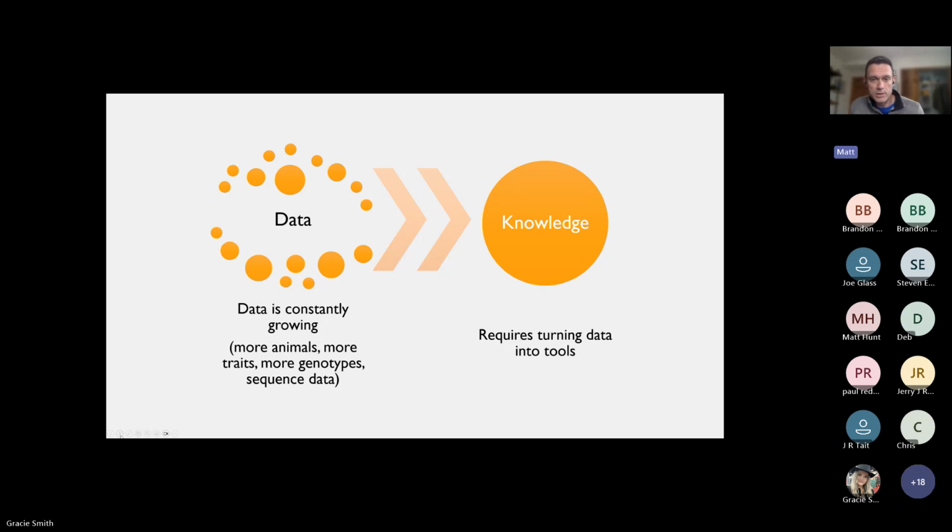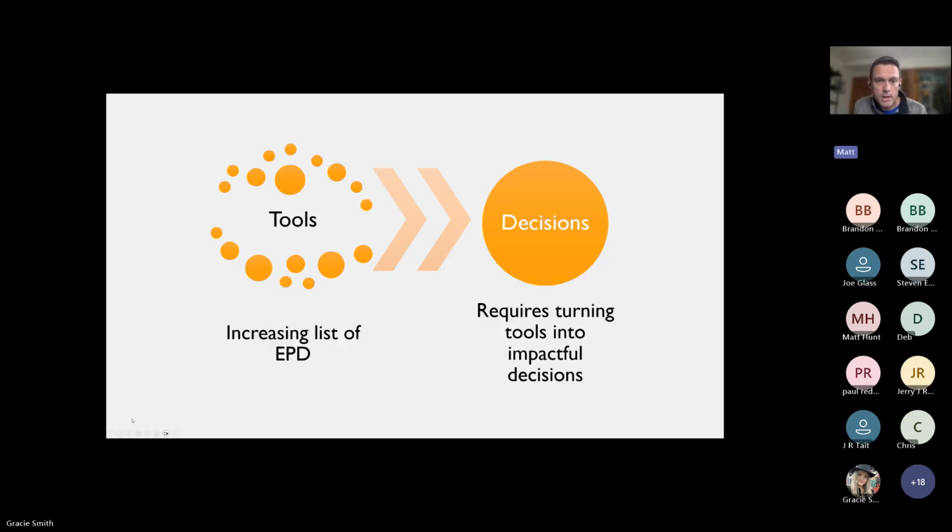On the next slide, I show turning those tools, the EPDs, into actionable decisions. Indexes help people do that, making use of all of the EPDs and putting them into action through an economically optimized selection index, which hopefully helps people improve profit through genetic selection.